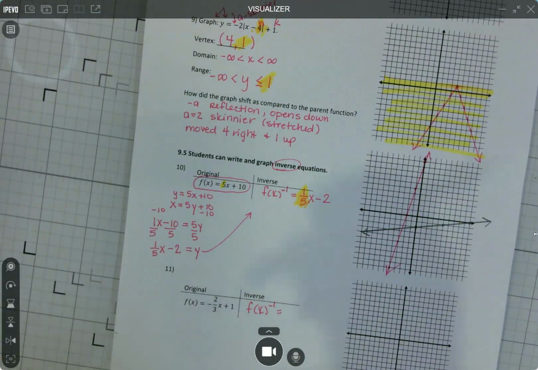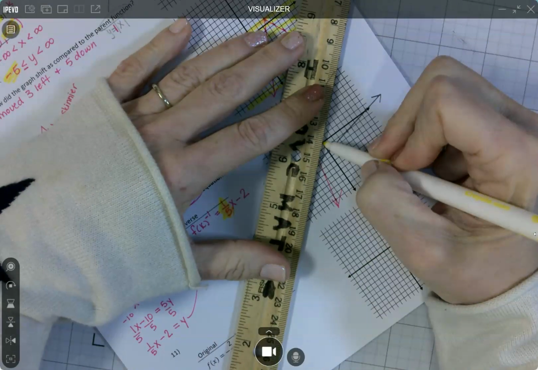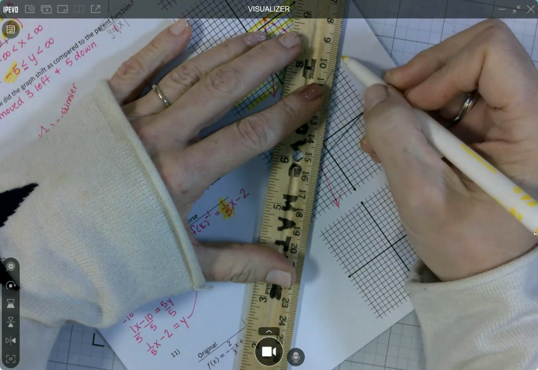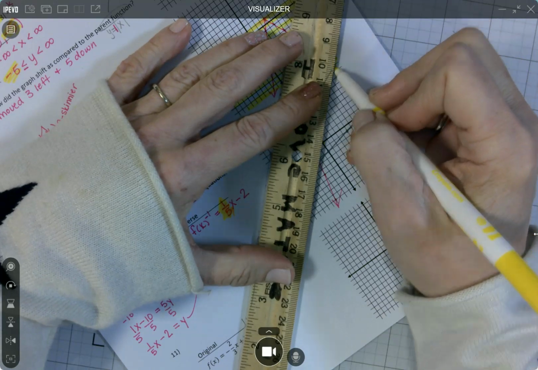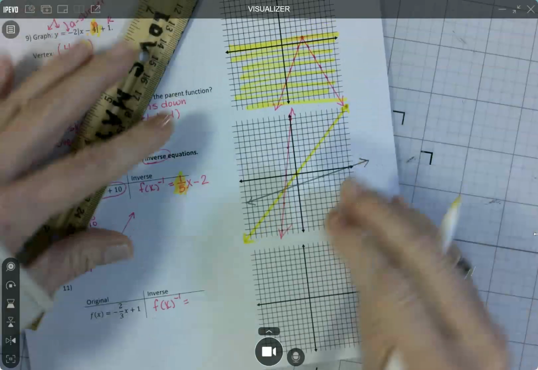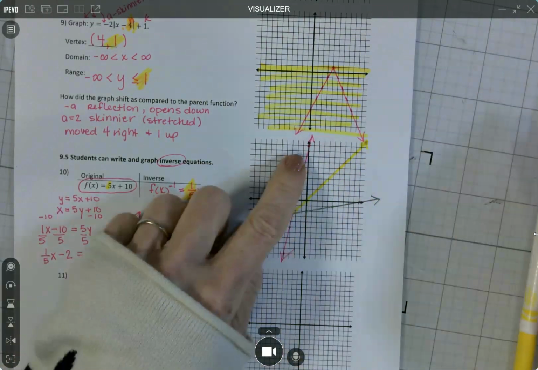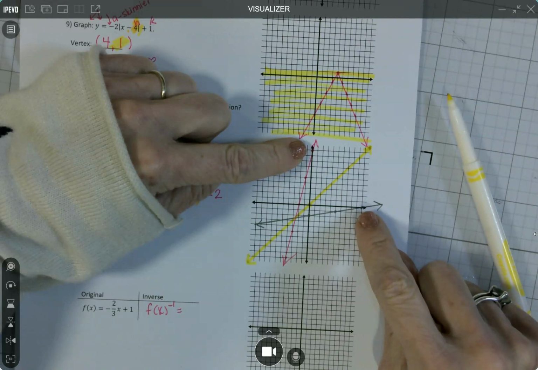Now, if I were to draw y equals x, this line, slope of 1, and it goes through the origin, this is like the mirror. So this point right here is reflected over here.